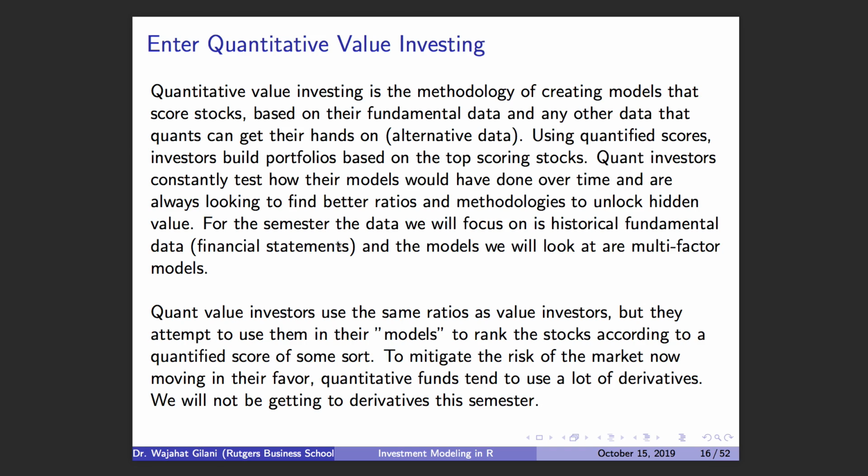That's not how we play. We look at all the stocks and different quantitative ratios and levels to say, this is a good stock. We assign numeric scores to stocks to identify what's a good deal and what's not. That's what quantitative value investing basically is.